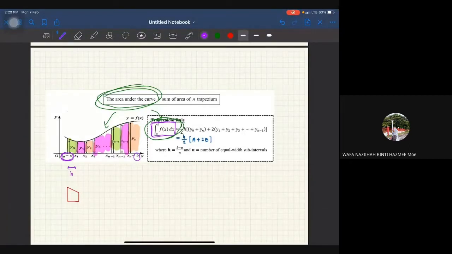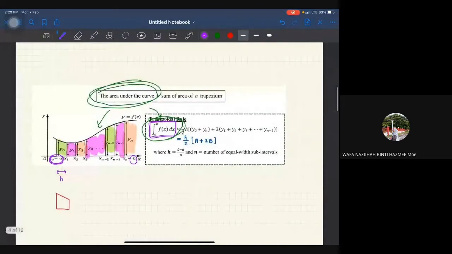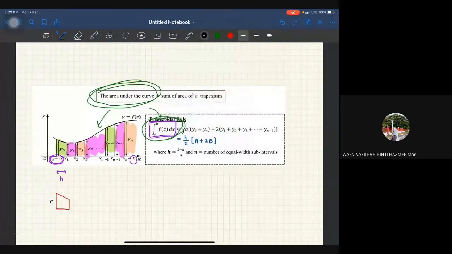Okay, so contoh saya punya trapezium yang warna merah ni, cuba tengok. Dia punya side saya tulis as, this one is A, this one is B, and then lebar dia adalah C. So how to find the area is 1/2 times C times A plus B. Okay, so ini adalah contoh trapezium yang saya bagi kat awak.